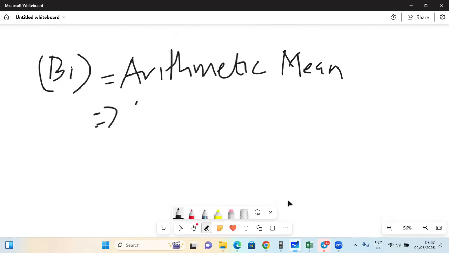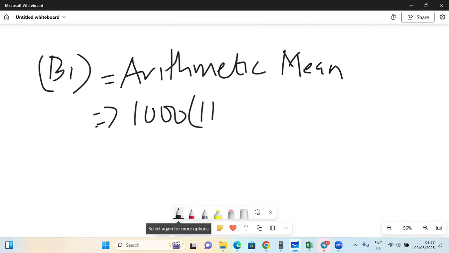It's going to be 1,000 into brackets 1 plus that arithmetic mean that we had. So 1 plus 0.09 raised to the power 5.